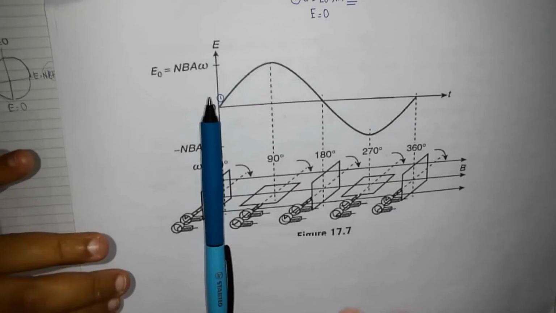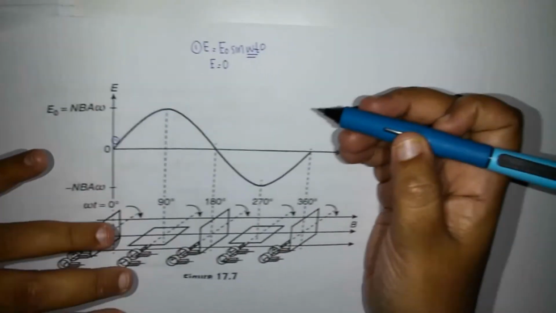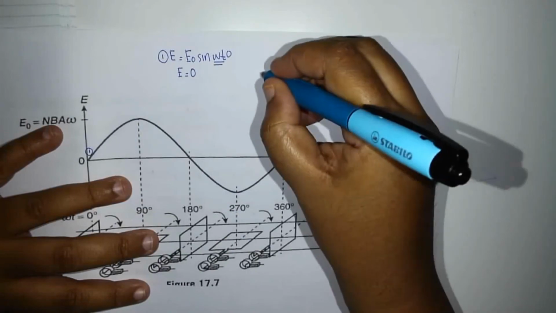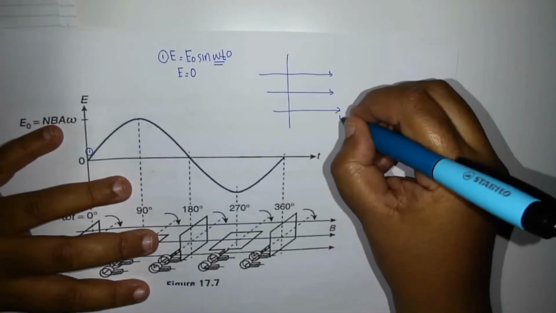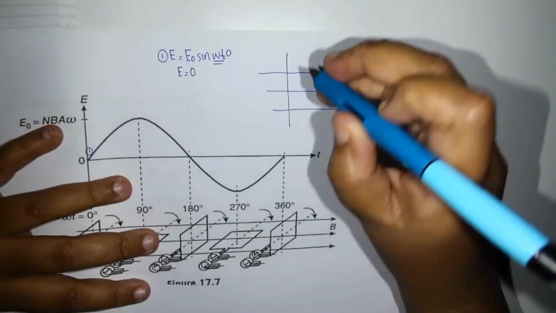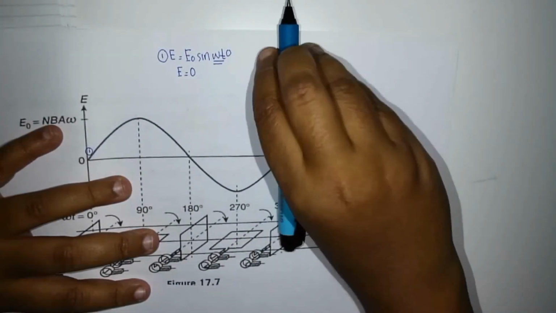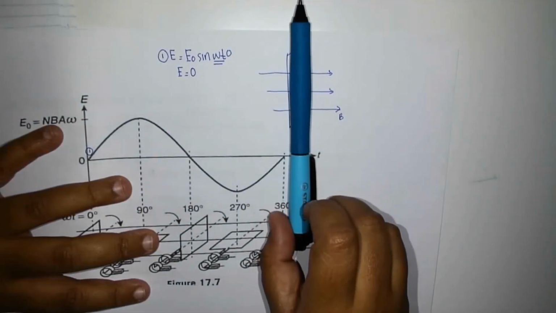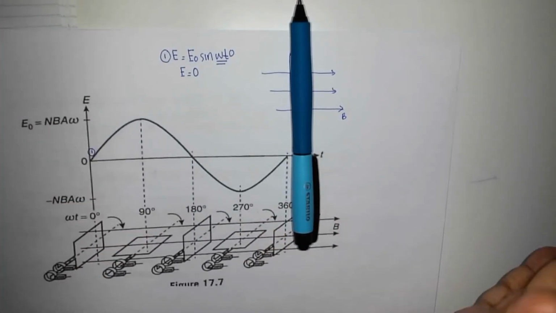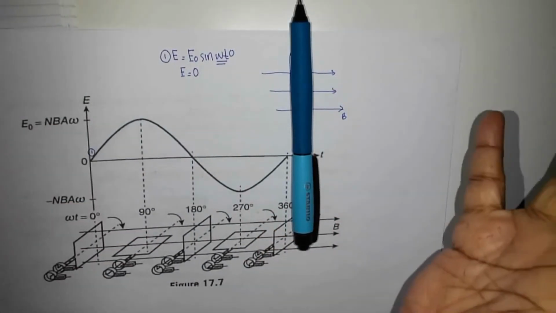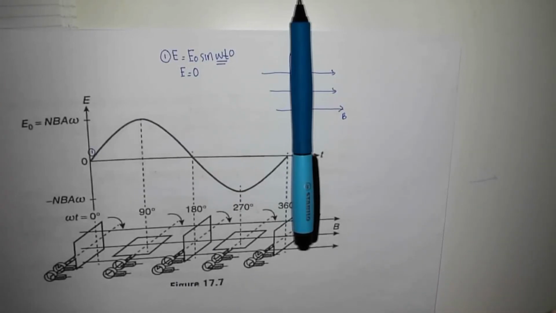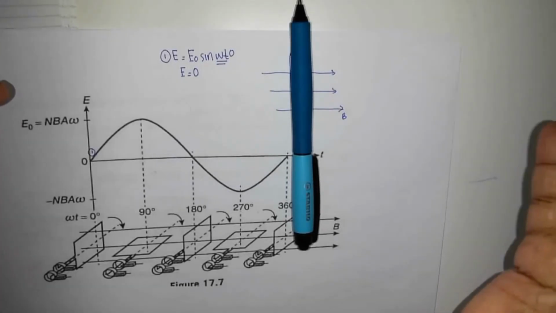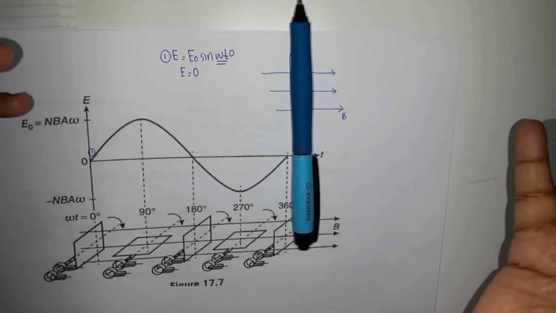Now if I draw like this, this is the B, this is the B, this is the B. So now the coil is like this, 0. When it's like that, the EMF induced is 0. That is logical, because the coil did not cut through any magnetic field. When it doesn't cut through, there's no motion, so EMF isn't induced.